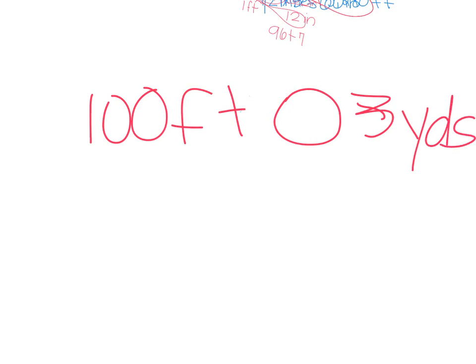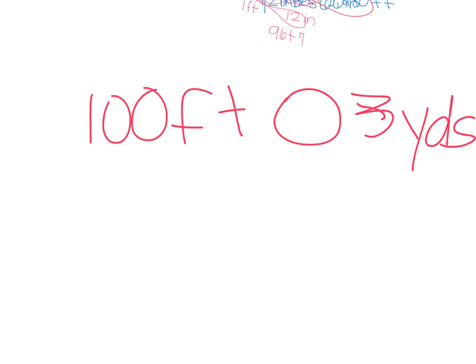Let me tell you what I always do. You have to put them in the same unit of measurement, okay? Because can I compare an apple and an orange? No. So I've either got to decide if I'm going to put these in feet or if I'm going to put them in yards. What I usually choose, but it doesn't matter if you choose something differently.